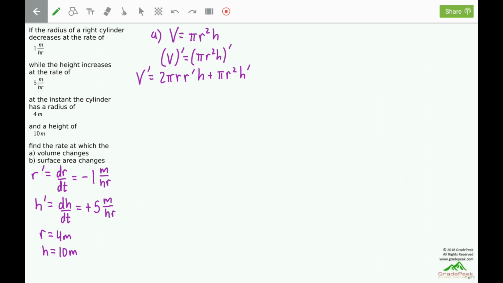We can now plug numbers into this to find V prime. 2 pi times r, 4, times r prime, negative 1, times h, 10, plus pi times r squared, 4 squared, times h prime, 5.